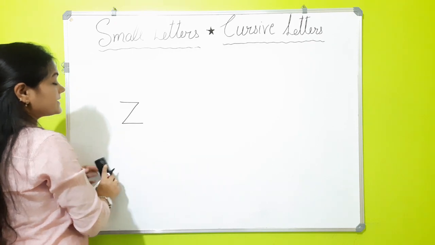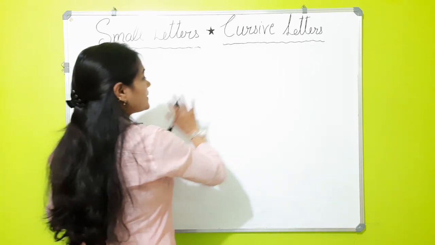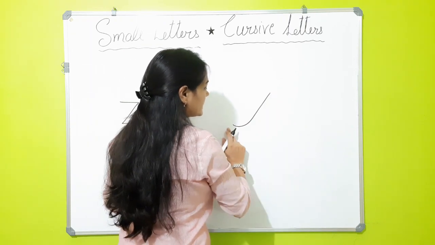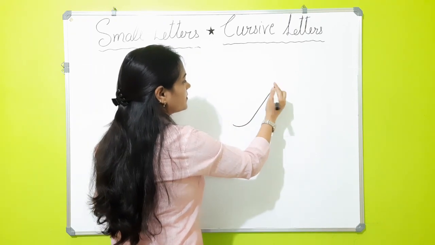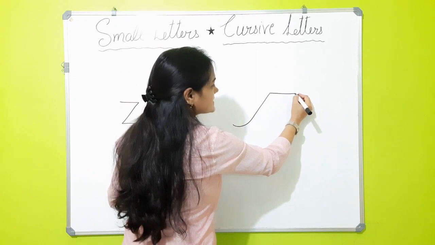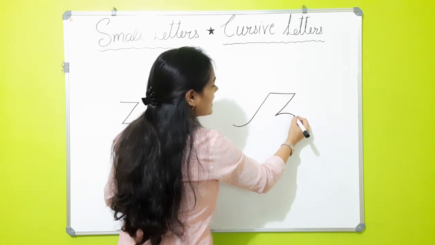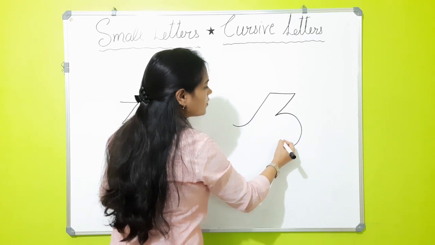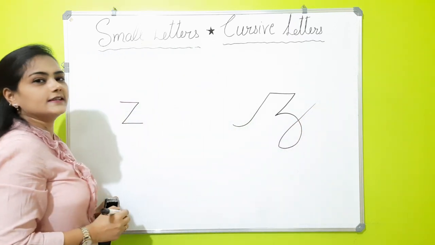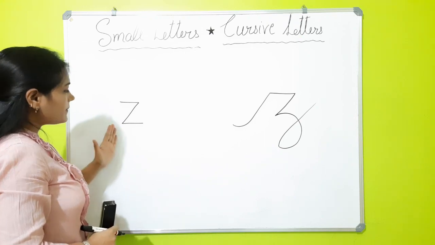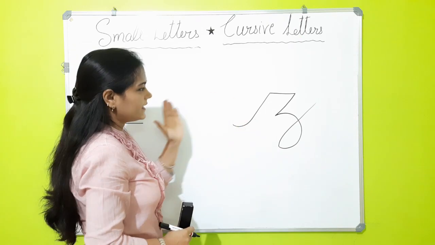This is your small letter Z. And when we write it in cursive, how will we write it? We'll make a tail. Okay. Here, see. We make tail. Then sleeping line, slanting line, and we end with a half curve or a loop. See this.